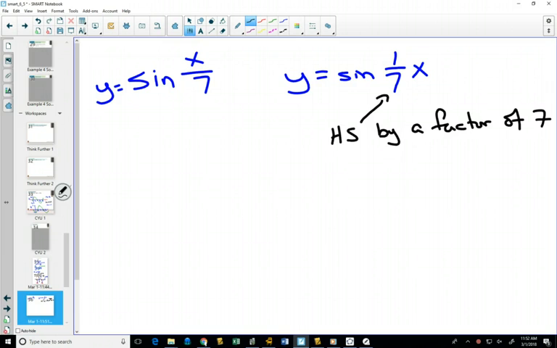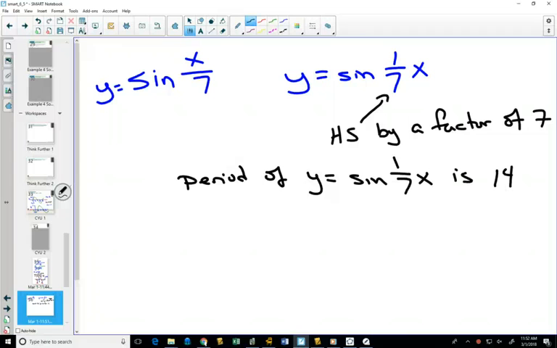So if my period was 2 pi to begin with, and you stretch it by multiplying everything by 7, does it make sense that my period of 1/7 sine of 1/7 x is going to be 14 pi. I took my period, which was 2 pi, I stretched it by multiplying by 7, and now my period's going to be 14 pi.